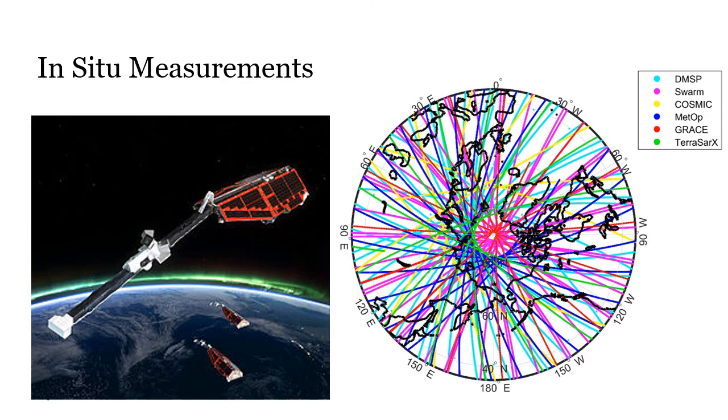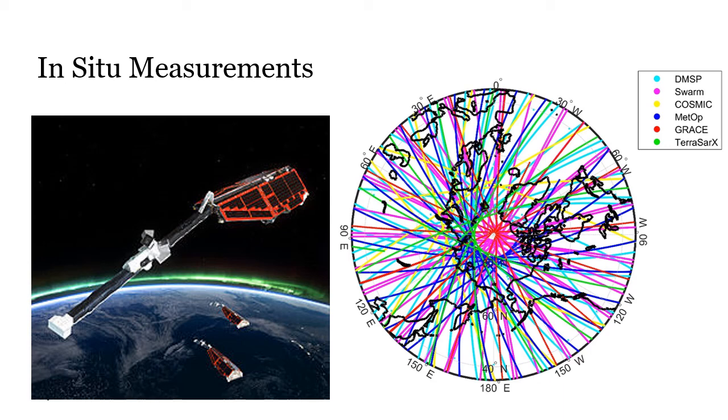Similarly, in situ measurements of plasma density from satellite missions are incapable of easily being used in the original fitting of empirical models. On the right here, I have a very messy demonstration of a day of orbits of various constellations of satellites that have openly available measurements of electron density at the satellite location.